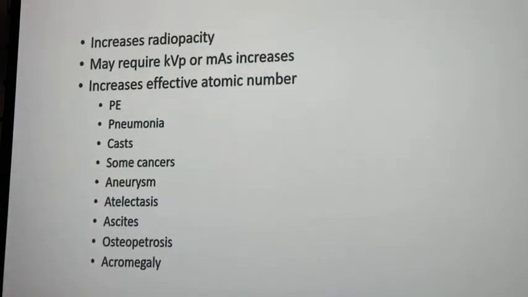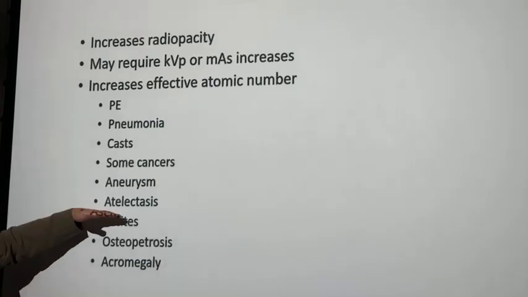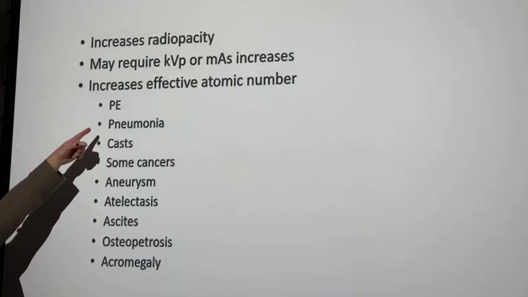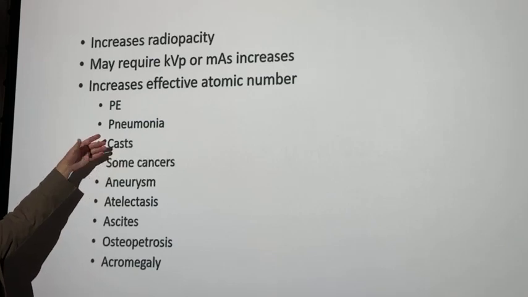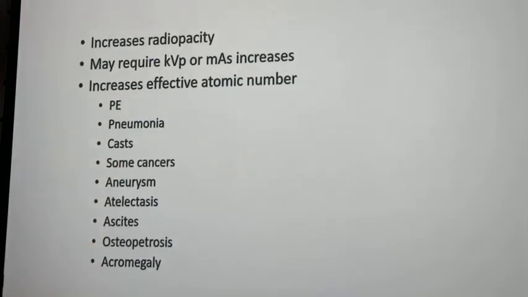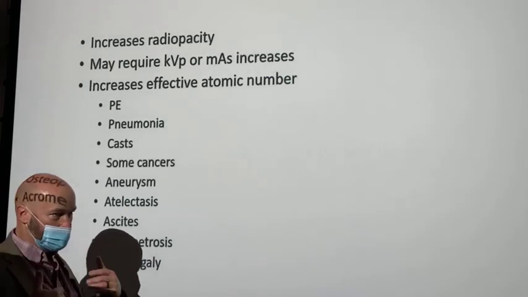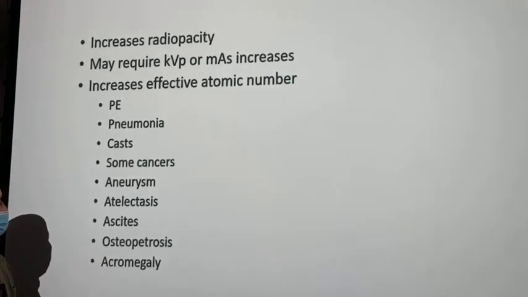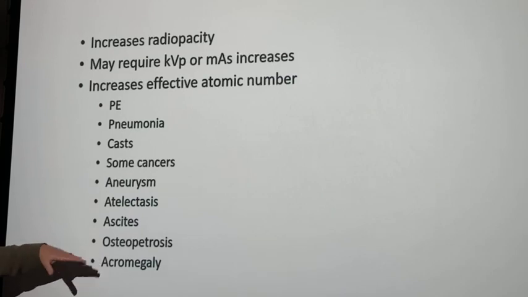So what's causing the atelectasis? Is it pleural effusion, in which case you'd increase, or would you decrease because it's caused by pneumothorax? So ascites we walked through, osteopetrosis we did not.